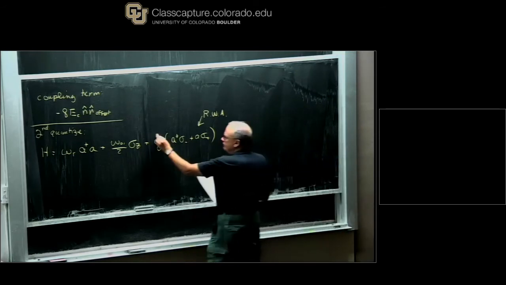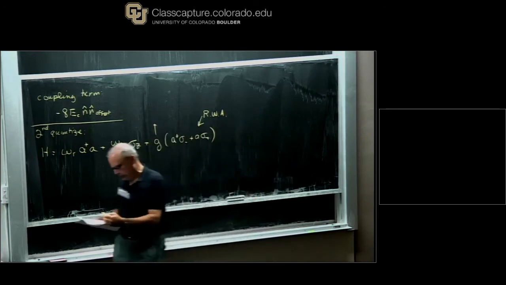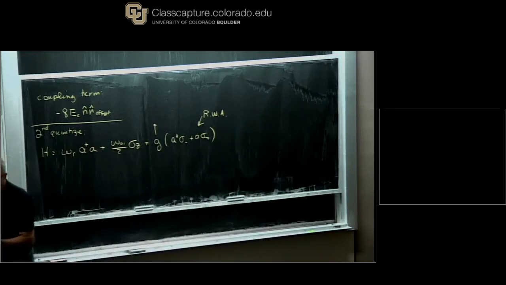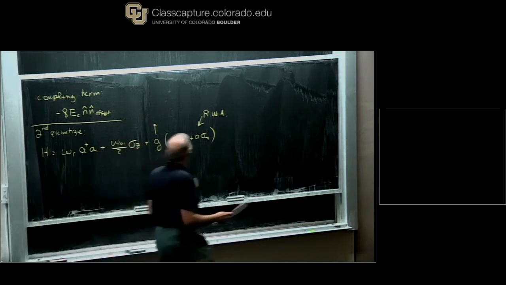Okay, and then this g, I wonder if I have it written down here. It's a moderately complicated combination of all the parameters. I know I had it written, but I fear that it's written somewhere else. I'll tell you what it does contain, certainly.